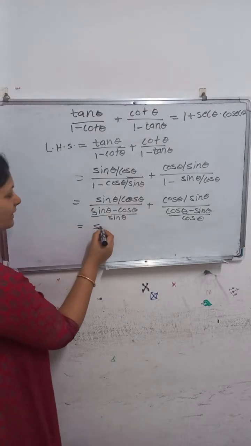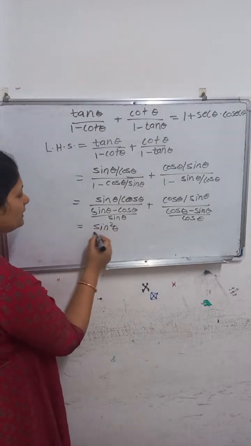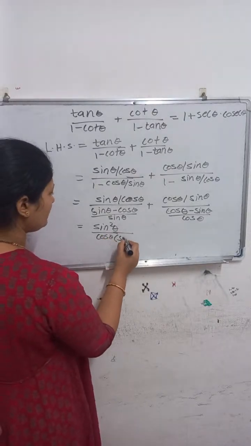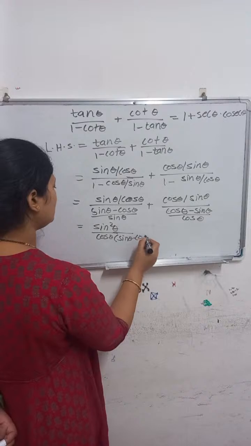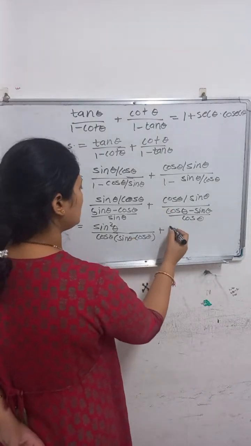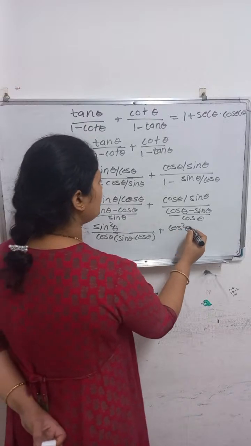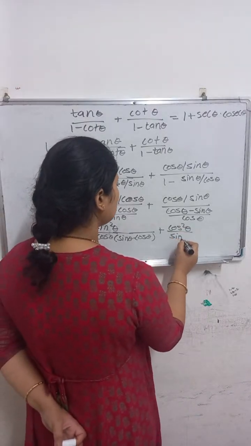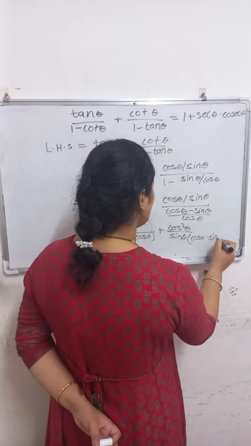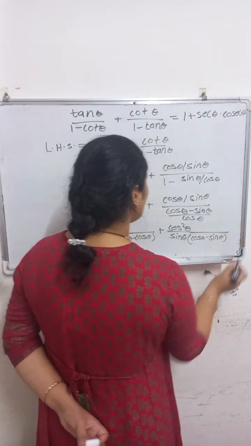So we can write sine square theta upon cos theta, inside the bracket sine theta minus cos theta. Are you getting this? This cos theta goes up, so this is cos square theta upon sine theta, inside the bracket cos theta minus sine theta. Are you getting up to here?